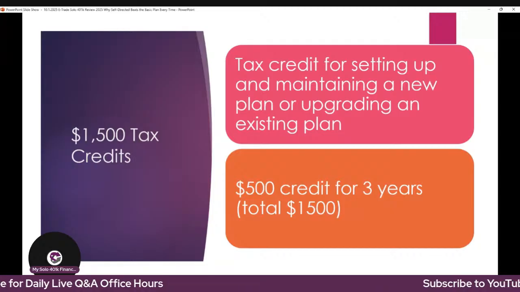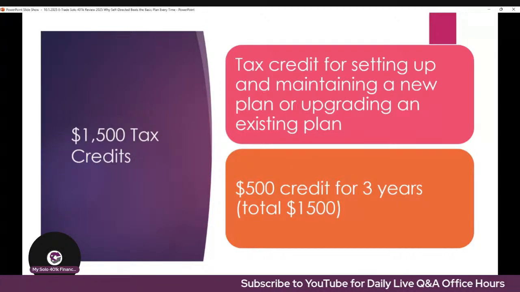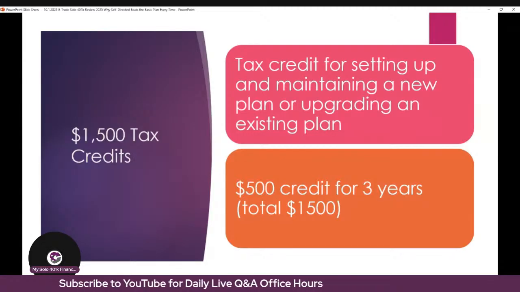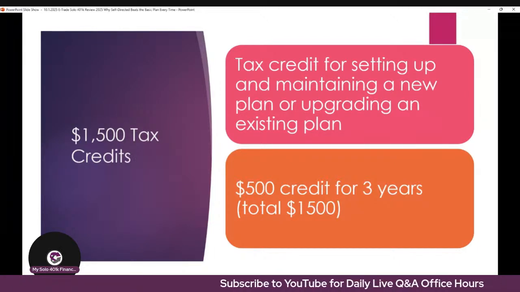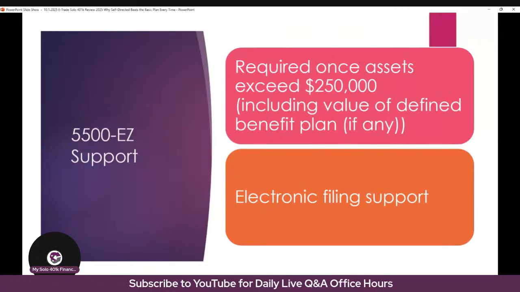But although they are exercising their right to opt out of the default percentage, the feature is still enabled. So even though they're opting out, they're still eligible to claim the credits. So you need to have a plan that has the feature. E-Trade's plan does not, our plan does.